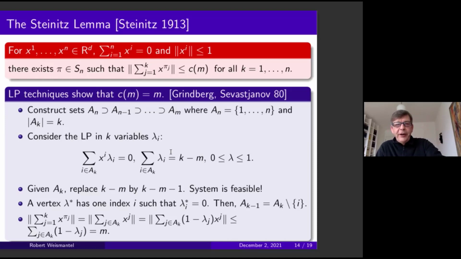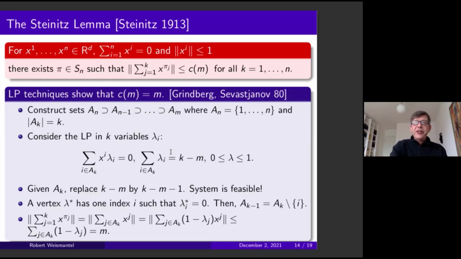Well, look at the constraints. So we have this M or D many constraints. Sum of the i in A_k, x_i lambda_i equals 0. The sum of the lambda_i should be equal to k minus m, and the lambda should lie between 0 and 1. So now this is an LP system. And now iteratively, as long as k is at least m plus 2, you can do the following procedure.